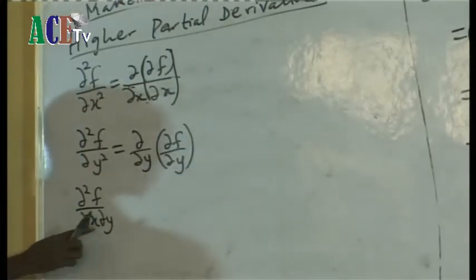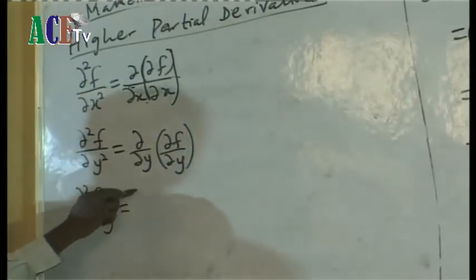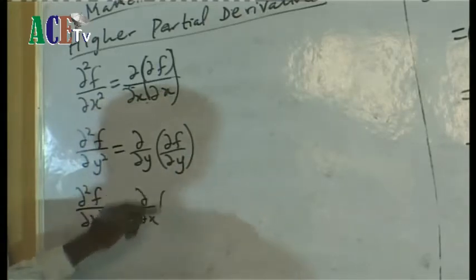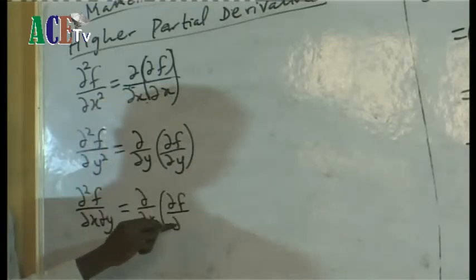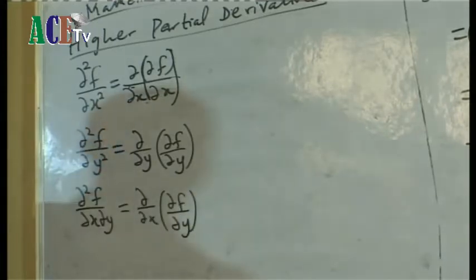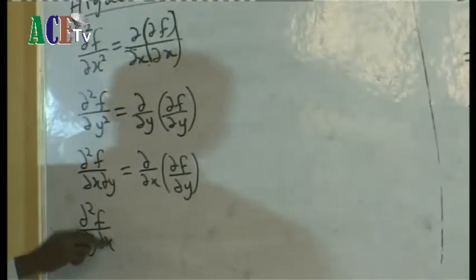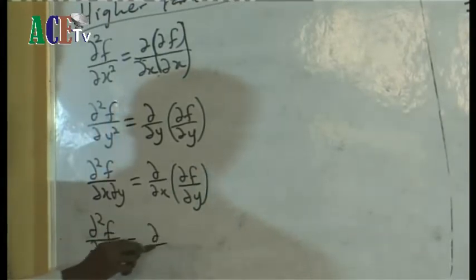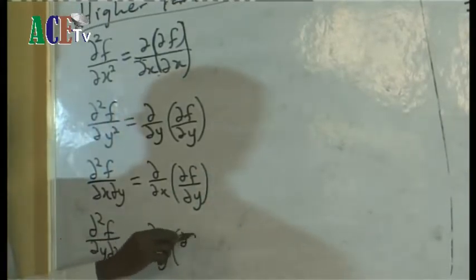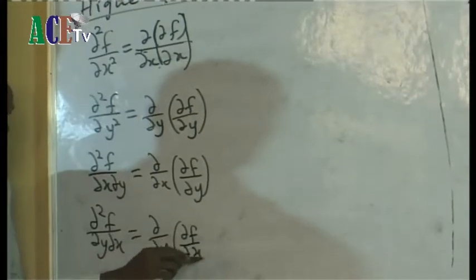This one means d/dx of df/dy. I first differentiate with respect to y, and I have not yet differentiated with respect to x. Another one is the square f over dy dx, which is d/dy of df/dx.